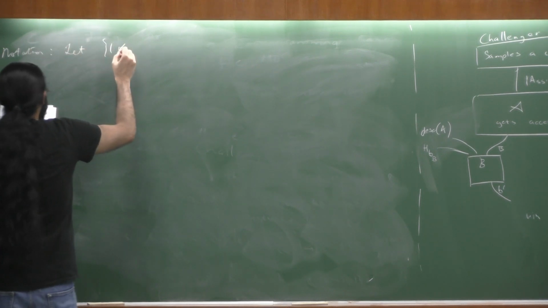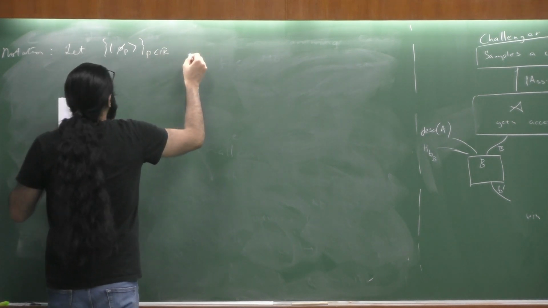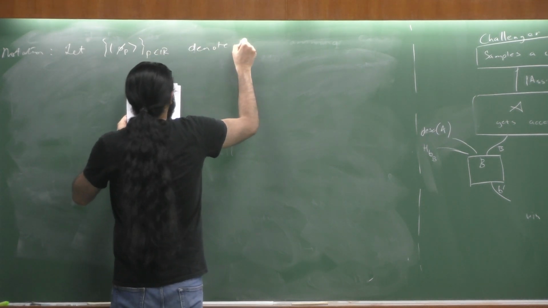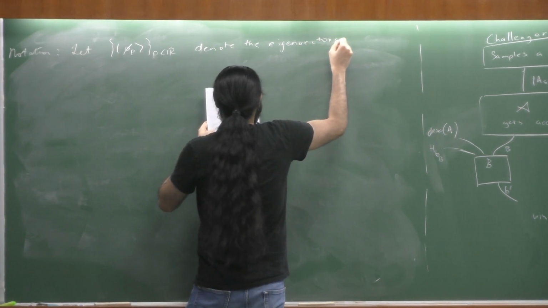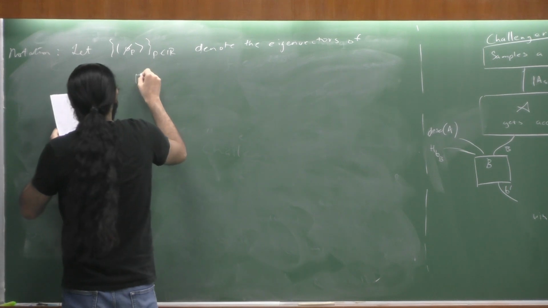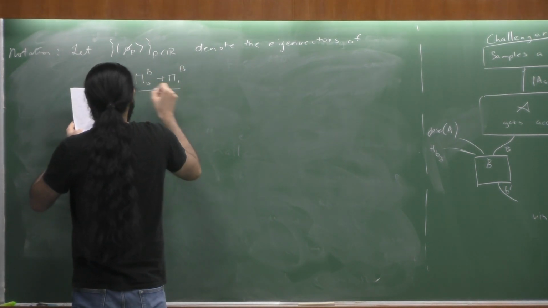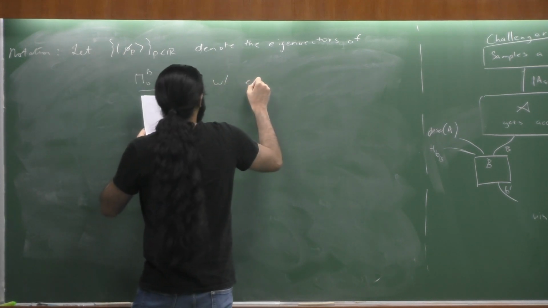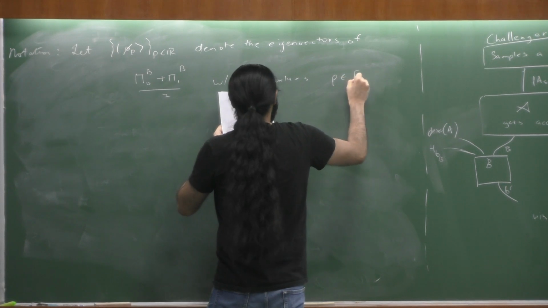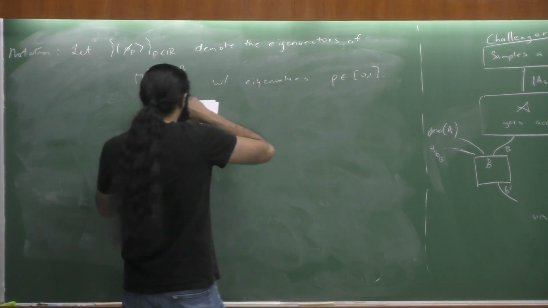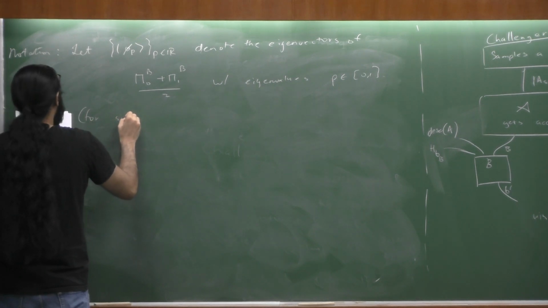Let phi sub p, belonging to the real numbers, denote the eigenvectors of pi 0b plus pi 1b by 2, with eigenvalues p and 0, 1. Okay, and for simplicity, assume that the eigenvalues are all distinct.